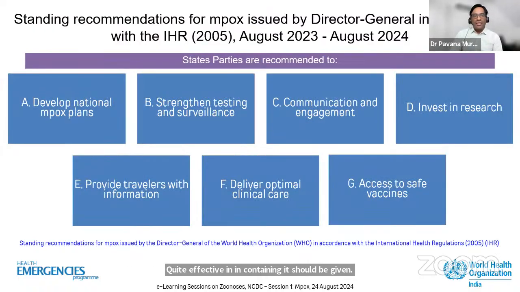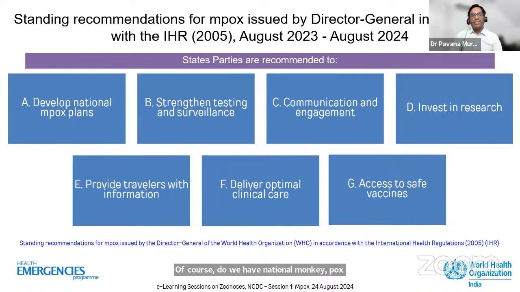Then the standing recommendations, which were issued from August 2023 to August 2024, have been extended. There are 7 components here, which we need to look at in countries. Of course, do we have national monkeypox plans in the country?